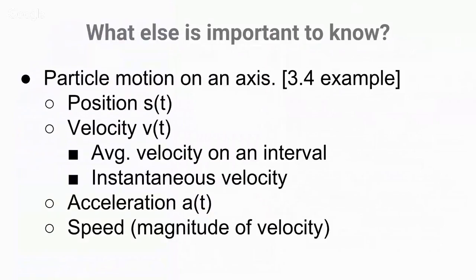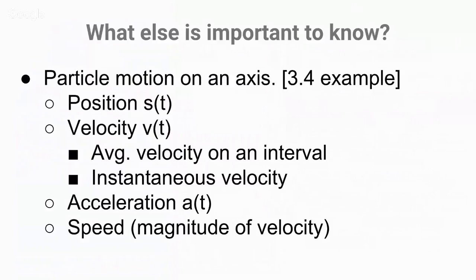What else is important to know? There's definitely at least one question on particle motion on an arbitrary axis. We use s of t for position. It could be similar to our 3.4 example that we looked at in class. We also looked at one in 3.5 with trig. And you might have to know that for position, you take the derivative, you get velocity, you take the derivative, you get acceleration.